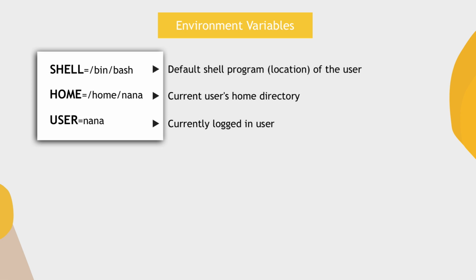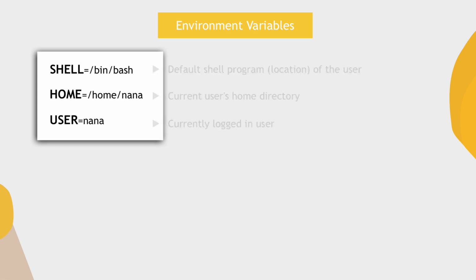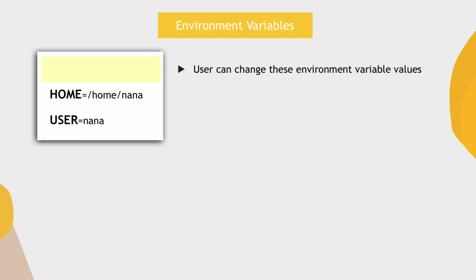And as we learned, by default, Linux configures bash as a default shell program, but a user can change that to another shell program like Z shell, for example, right? So the value of SHELL environment variable will point to the path of Z shell instead.